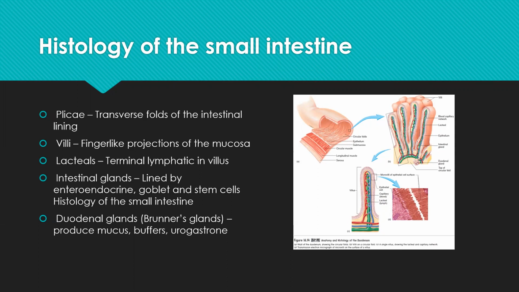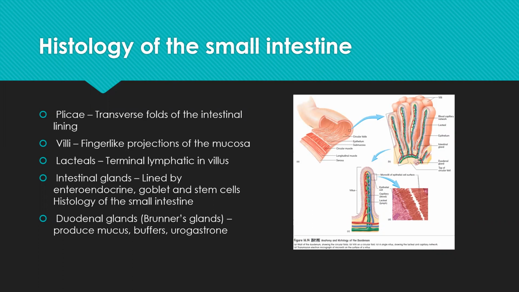The finger-like projections of the mucosa are known as villi, and lacteals are the terminal lymphatics in the villus. It also has two types of glands, the intestinal glands and the duodenal glands. Another name for the duodenal glands is Brunner's glands.